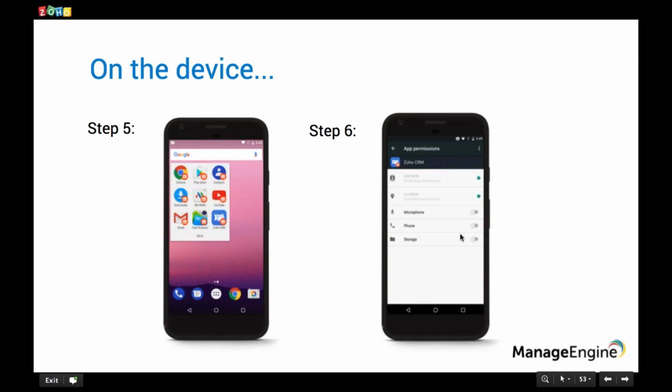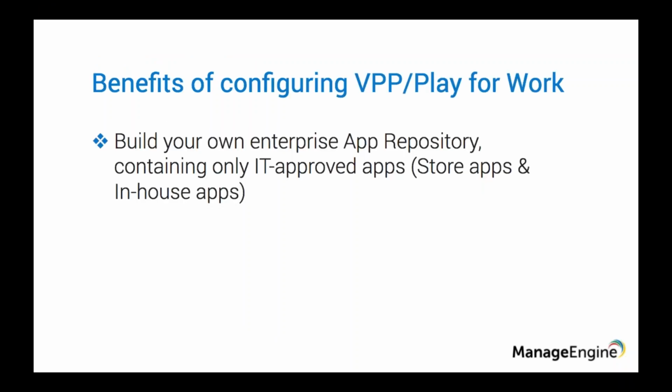So once this is done, these are the settings that I had made in the console. So as you can see, the contacts and location have been turned on and cannot be changed by the user. So now I have seen how I can complete the installation for Android devices.